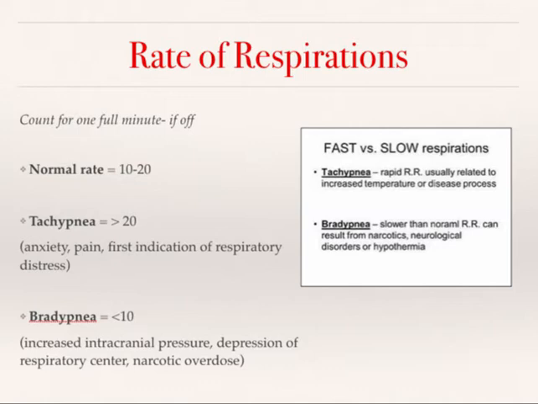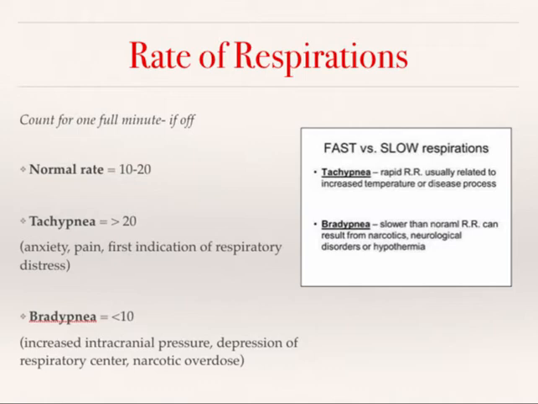Bradypnea is lower. Remember, brady means slow. Tachy means fast. So bradypnea is less than 10. You may see this, like I said, with any intracranial process. If they had a hemorrhagic stroke, or a traumatic brain injury, or an aneurysm, anything that's going to alter the pressure within the cerebral hemispheres, it could put pressure on the brainstem and then depress the respiratory center.